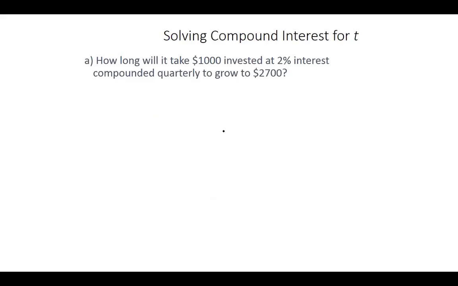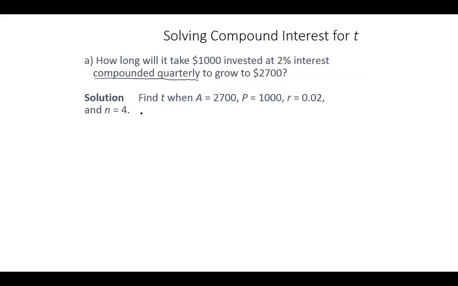How long will it take for $1,000 invested at 2% interest compounded quarterly to grow to $2,700? Okay, so this compounded quarterly is important. Let's take a look at what's given to us.